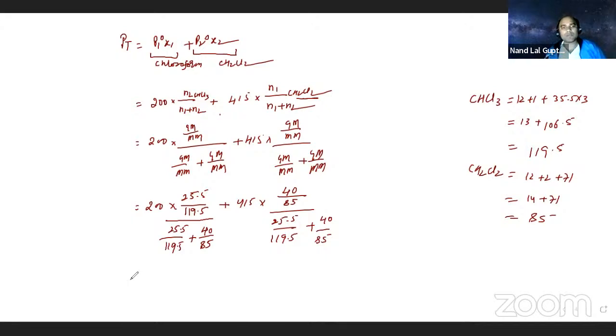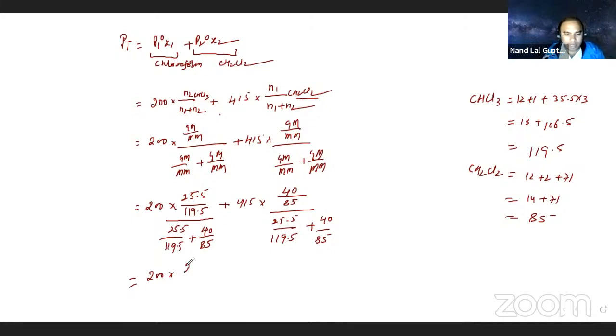Now this is the calculation portion. Only two are required to solve, the remaining will be the same. So here is 200. Let me find out 25.5 divided by 119.5.